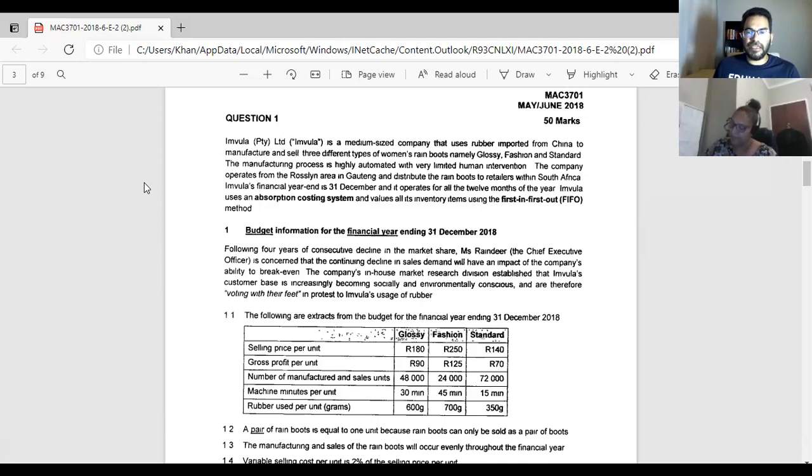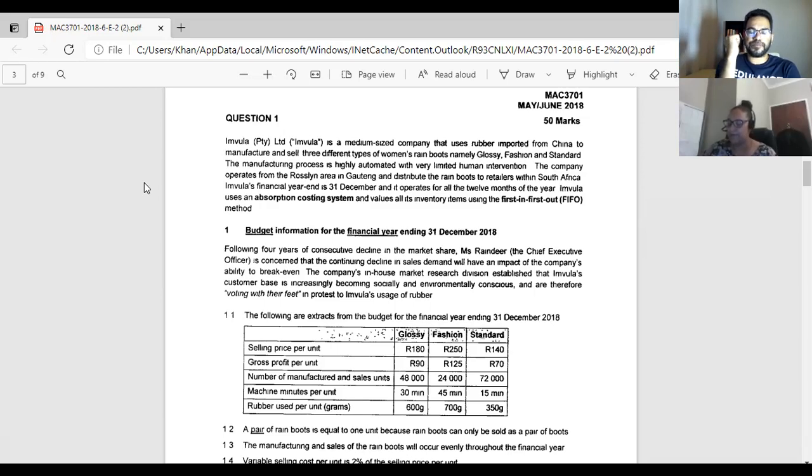Understand that a costing system tells you what is included in the cost of a product, or the cost of inventory. Cost of product, cost of inventory, same thing.